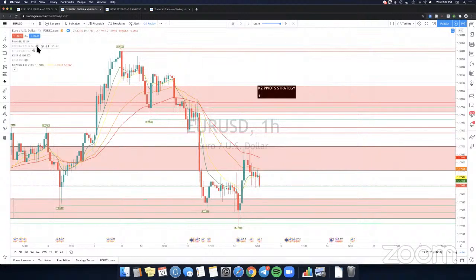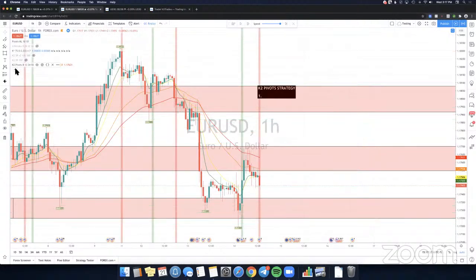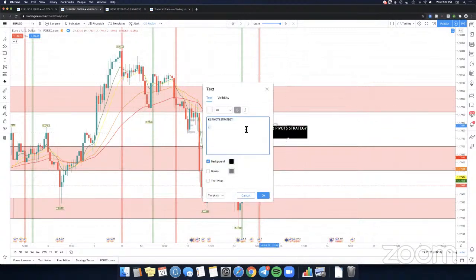So let's see, I'll take this off. And then we have them set up on the 4 hours. This would be an entry right here. Let me see how far it is. It's a little close, so you might have avoided this entry. I'll just put the requirements here. Confirm overall trend using the K2 pivots. Confirm retracement pullback.